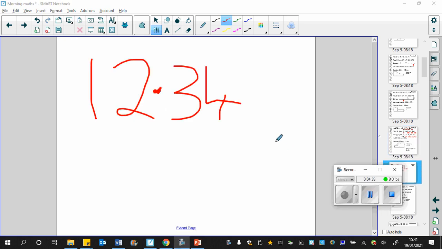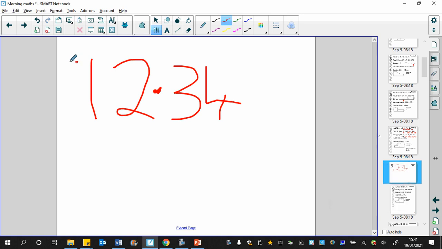Okay, continuing then, the next question is you add £12.34, so let's put the pound sign in, to 234 pence. If you're not sure where to put the 2, does it go under the 1, under the 2, here, or here?